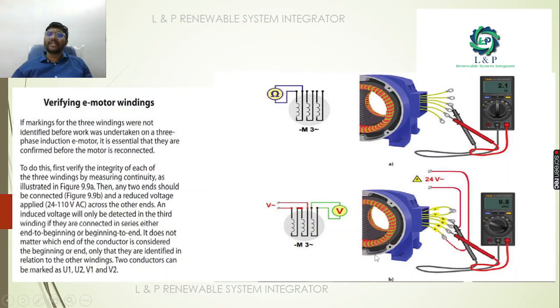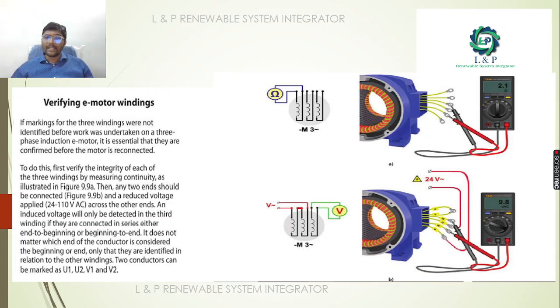Next, most important thing is that whenever you receive any motor that is faulty, the first thing is that we need to verify the e-motor windings. Say for example we have three windings. If you find any difficulty, the better way is to check the resistance between the two lines. Probably it will be 2.1 ohms.